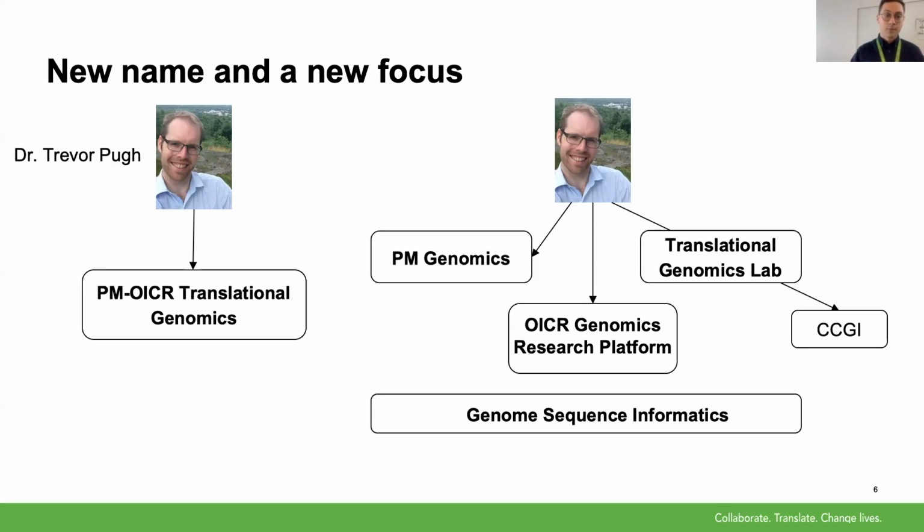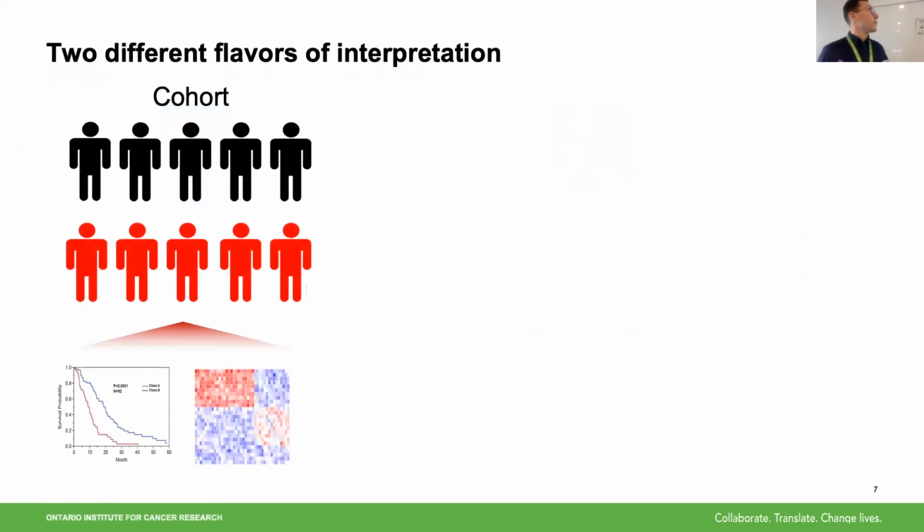And this is all encompassing genome sequence informatics. So again, what we're hoping to do is once the research team studied cancer from the cohort level, identifying novel prognostic markers, we now aim to take all that we have learned to create a CAP accredited report, which can be signed out by our director, Dr. Trevor Pugh.